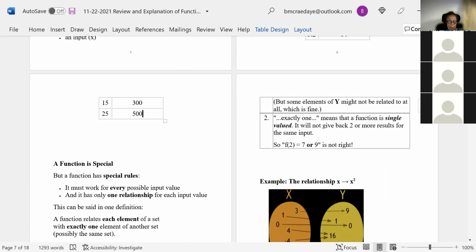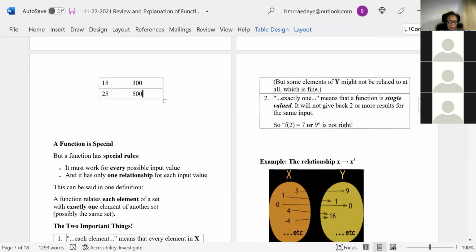Now, functions have what we call special rules. That means you only have one relationship for every input value. So whatever the input, there's only one output for it. So you have an element of one set related to one element of another set. And that could be X and Y, it could be something else.